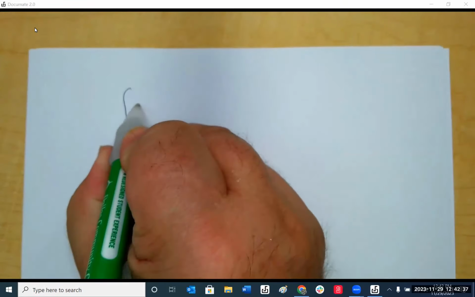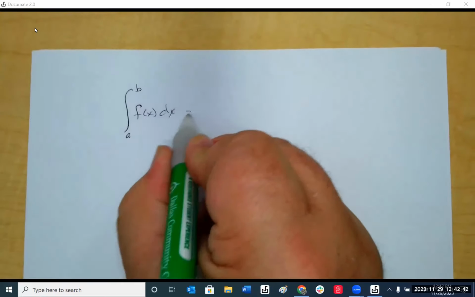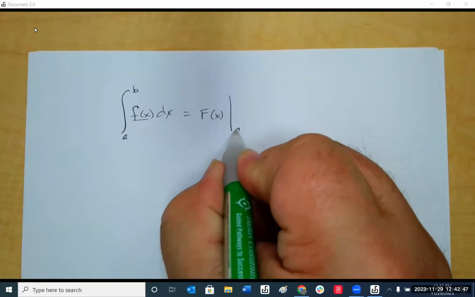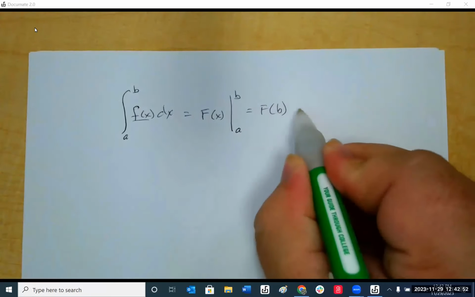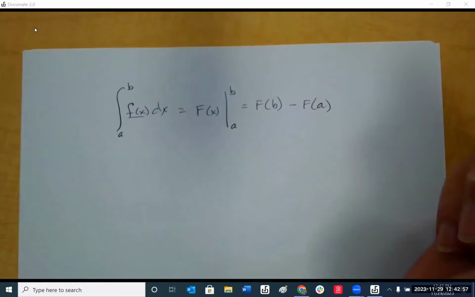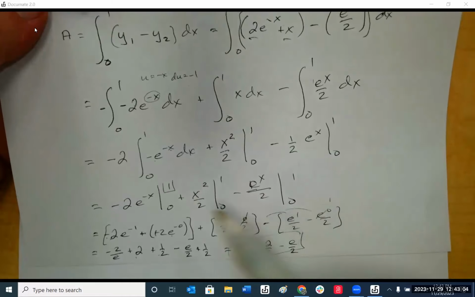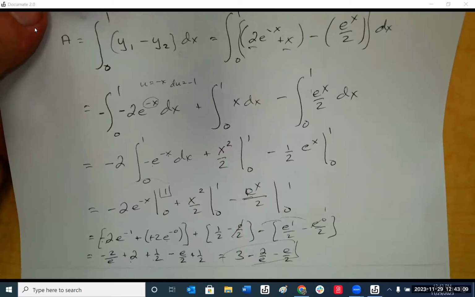Once we integrate whatever we have, always start with the top one minus the bottom one. And that's what we just did there. I did this one separately, this one, and then I added them all together at the end.